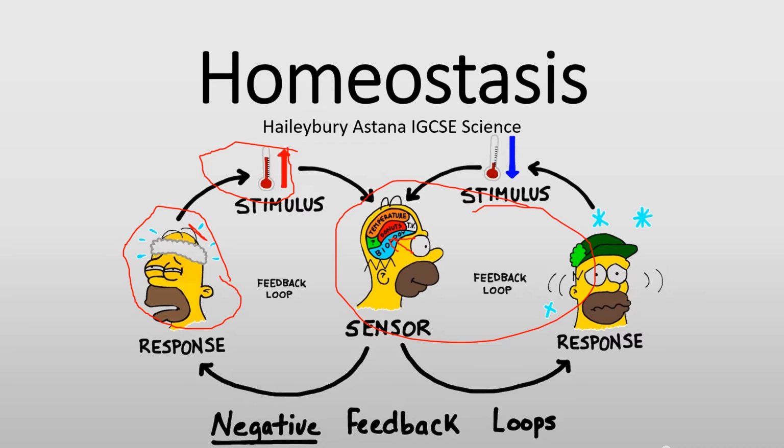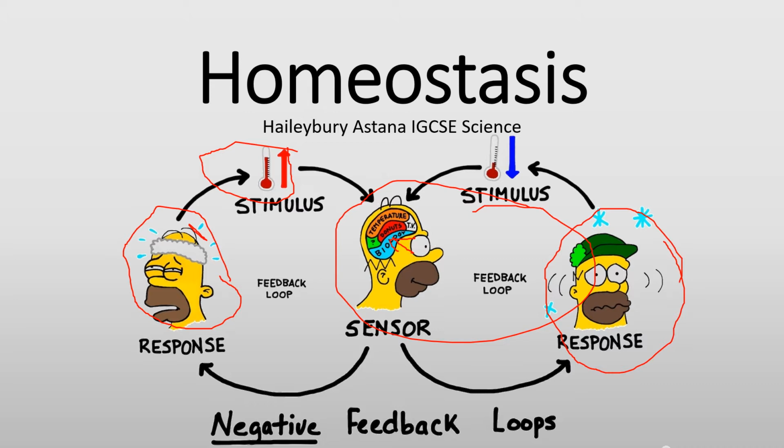If Homer goes out on a cold day, his core body temperature will drop, and the thermoreceptors in his hypothalamus will detect this.